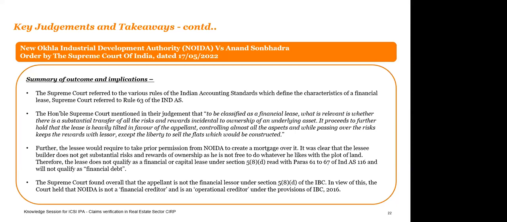It is very clear that the lessee builder does not get substantial risks and rewards of ownership, as he is not free to do whatever he likes with the plot and land. Therefore, the lease does not qualify as a financial or capital lease under section 5(8)(d), read with paras 61 to 67 of Indian Accounting Standard 116, and will not qualify as a financial debt.